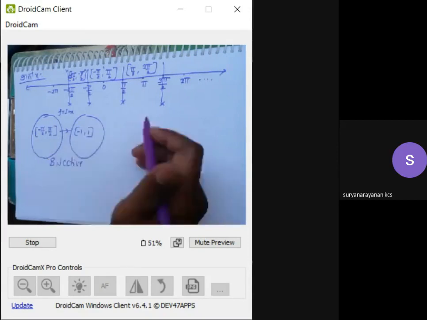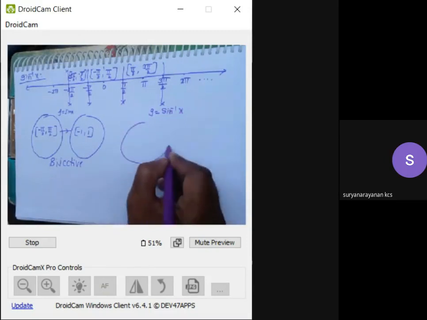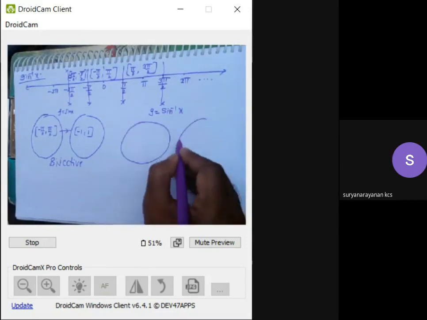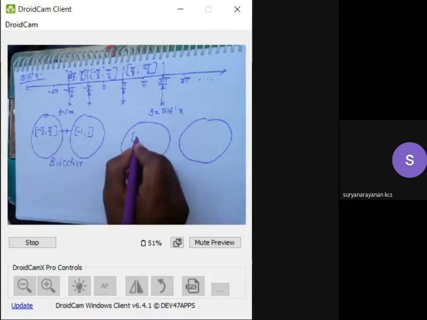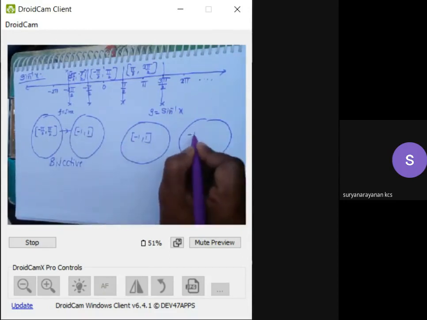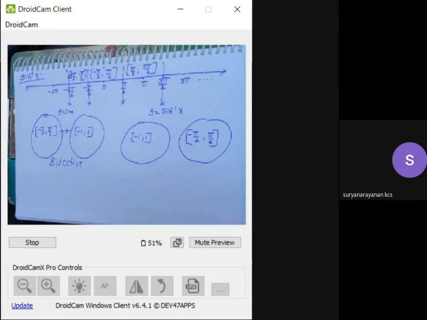Then for its inverse, we write this one here as the domain and this as the range.